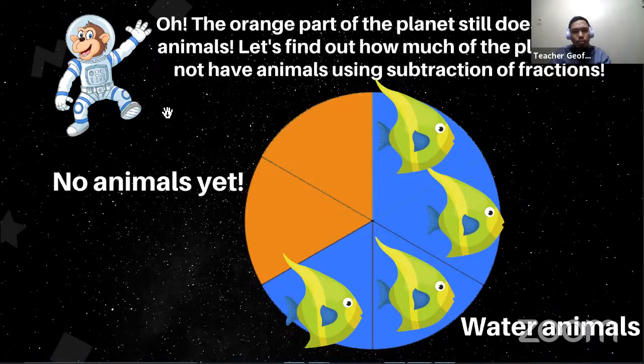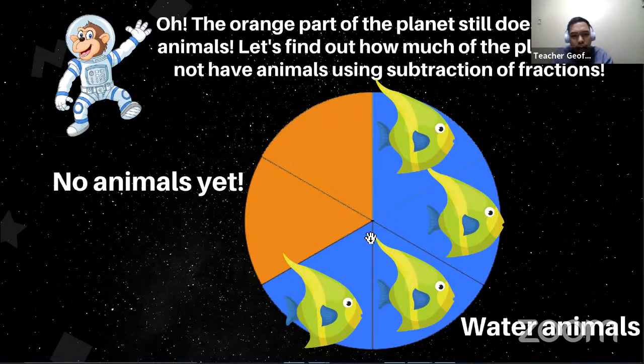Now, Monkey tells us that the orange part of the planet still does not have animals. Let's find out how much of the planet does not have animals using subtraction of fractions. Oh, we will be able to learn how to subtract fractions here? That's great, Monkey. Let's proceed.